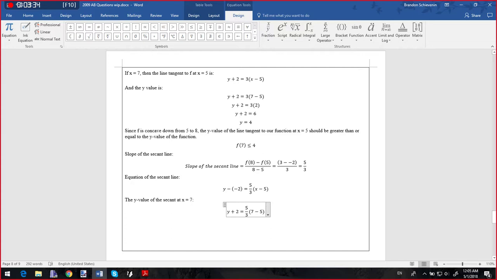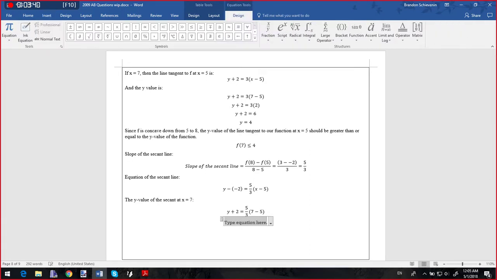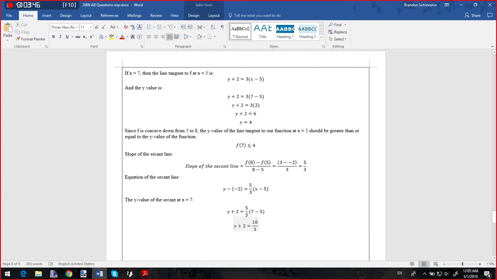I've got 7 minus 5 is 2, so this is 10/3. So y plus 2 equals 10/3. If I do 10/3 minus 2, 2 is 6/3, so 10/3 minus 6/3 is 4/3.